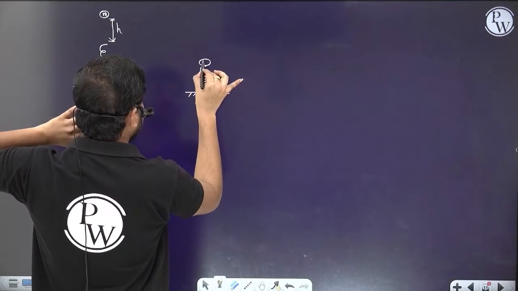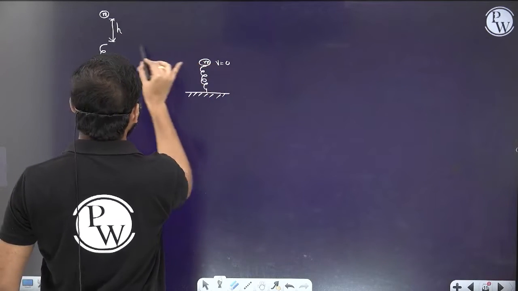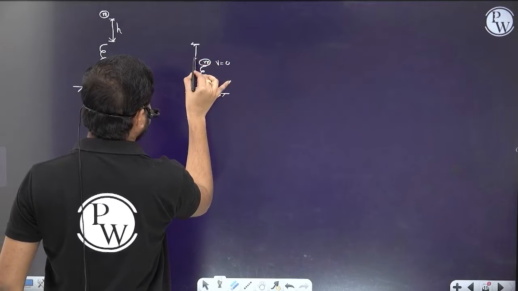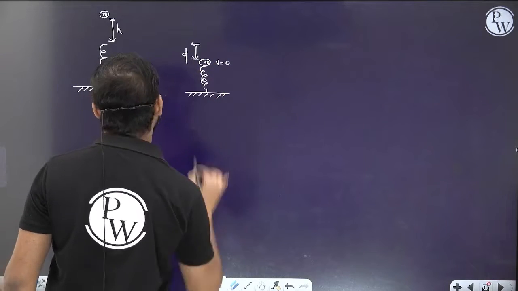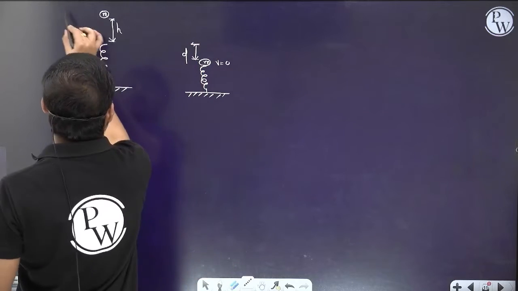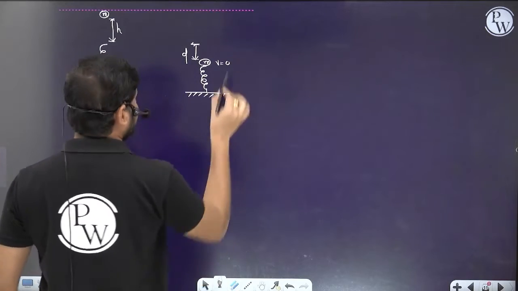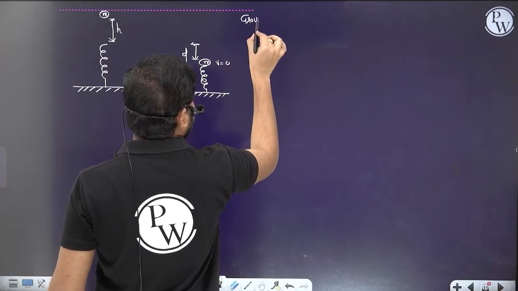The ball has come here and the ball's velocity will become 0. This is the compression, a distance d, so the spring has compressed. Here is the ground, let me take the reference from here. Now try to understand the scenario.